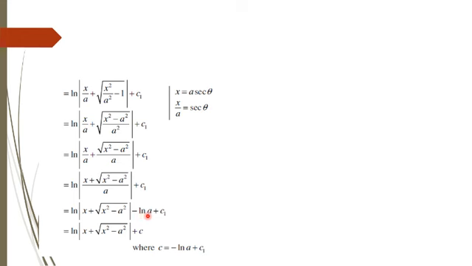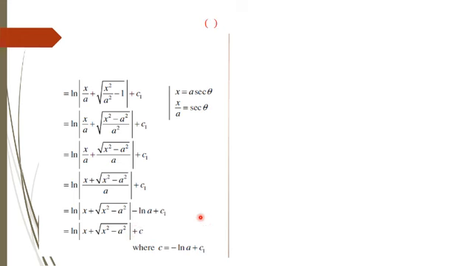A is constant, and log of it is also constant, and we know that c1 is constant. When we subtract two constants, we again get another constant. So this c is equal to minus natural log of a plus c1, which is our right hand side.